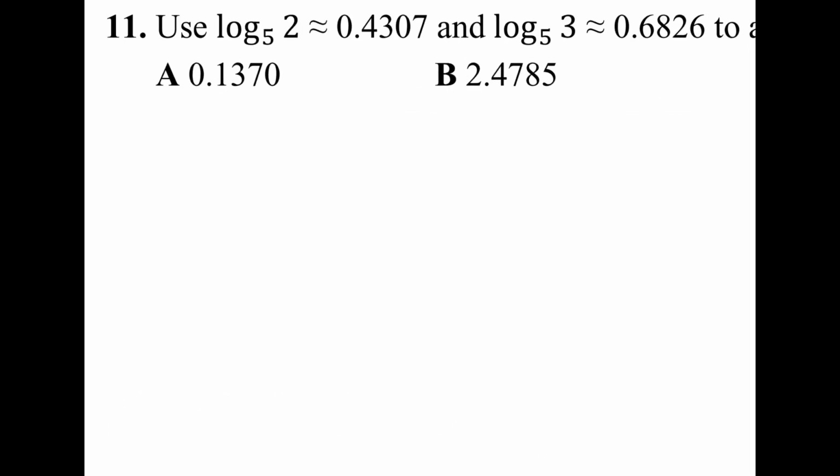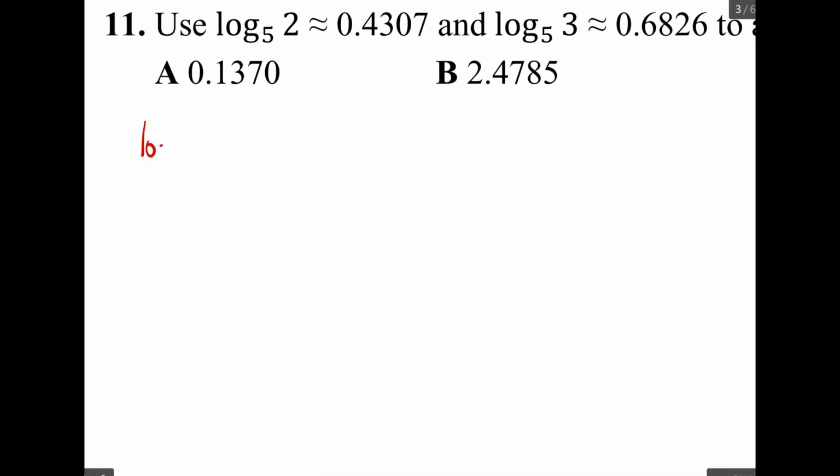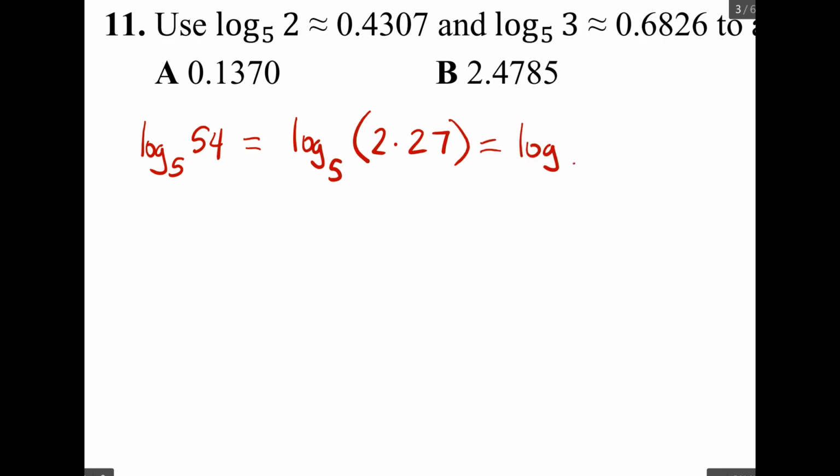Log base 5 of 54. Do log base 5 of 2 and 7. And then you do the log each time, so it's log base 5 of 2 plus log base 5 of 7.